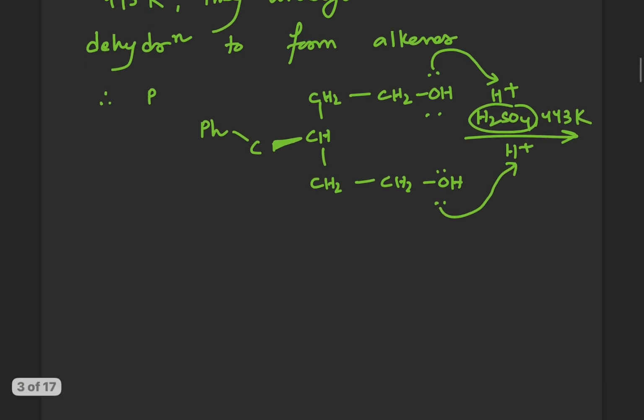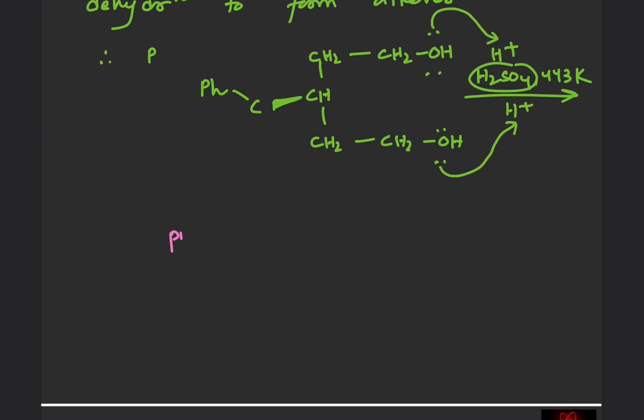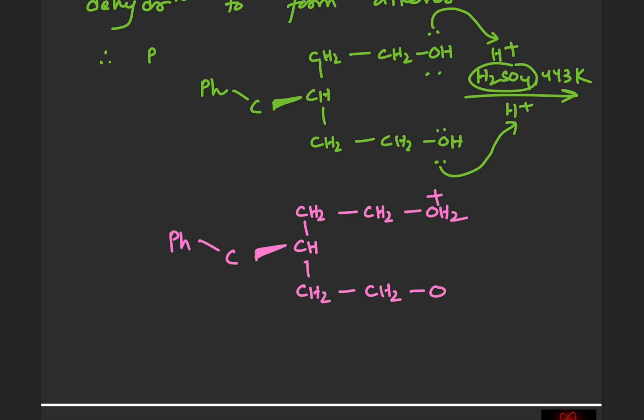So because of the donation of lone pairs to this H plus by both the OH groups, P will ultimately become pH C, CH, CH2, CH2 OH2 plus and CH2, CH2 OH2 plus, right?